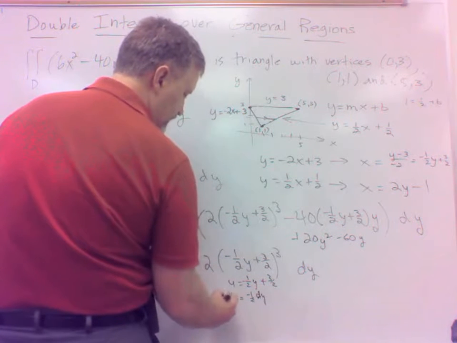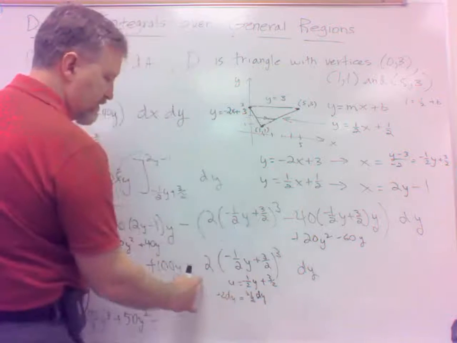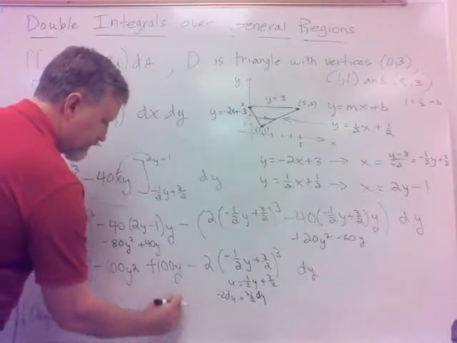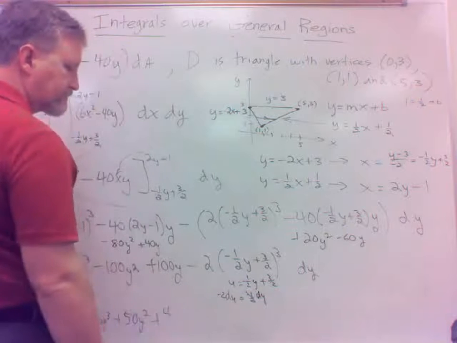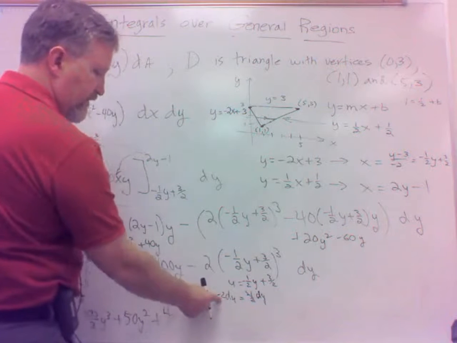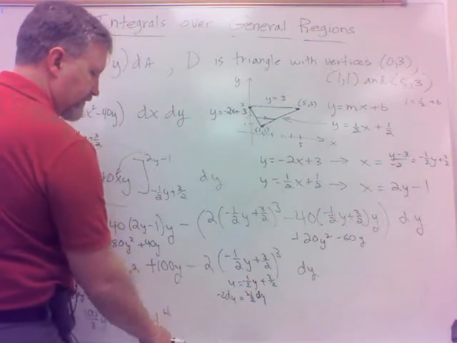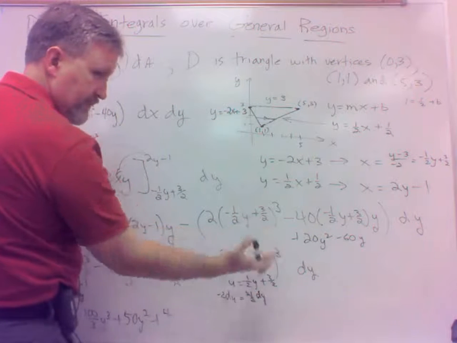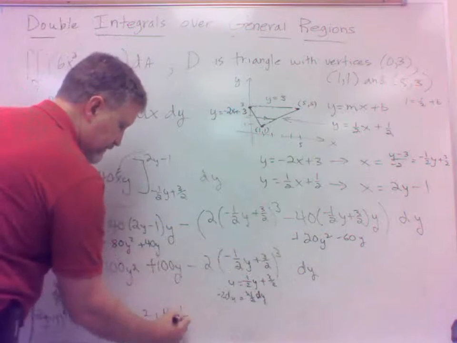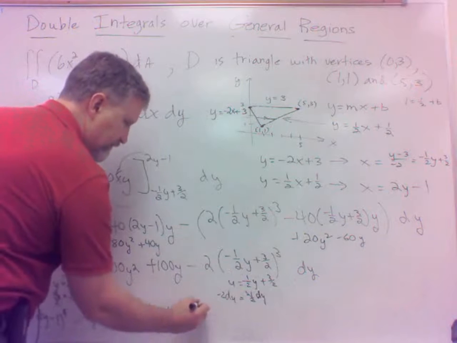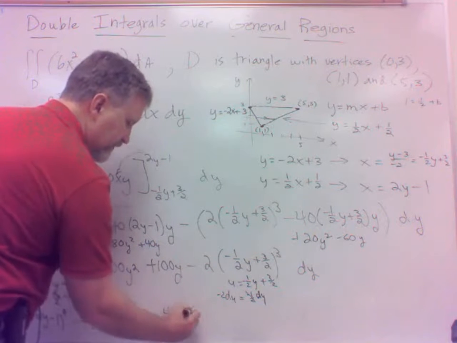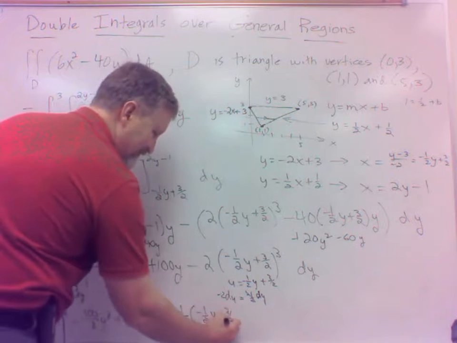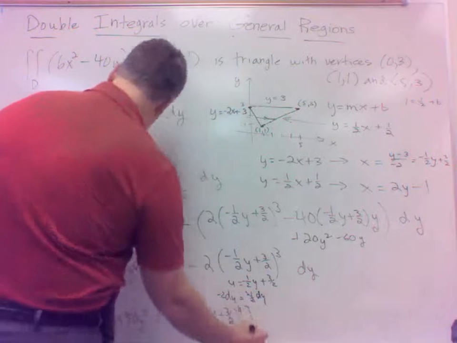So it would have a negative 2 factor there, so that'd be a positive 4, because I'd have that 2, minus 2, and that minus 2, so those would kind of multiply together. So plus 4u cubed, so the antiderivative is 1/4 u to the 4th, and so that would be 1/4 (negative 1/2 y plus 3 halves) to the 4th. And we're going to evaluate that from 1 to 3.